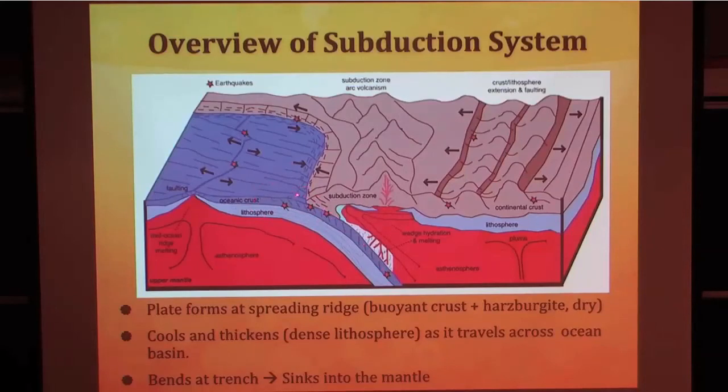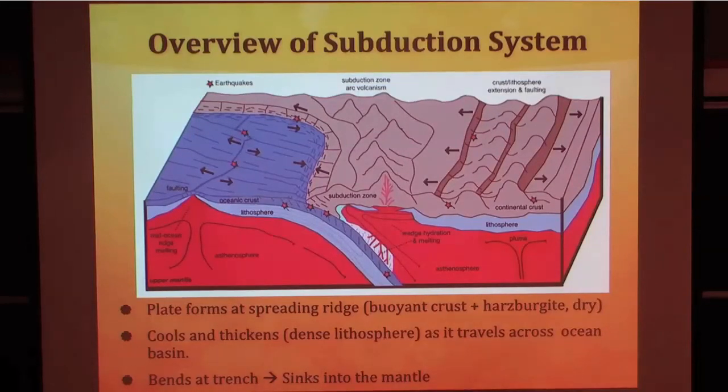At the trench, there's usually a little bulge that comes up, a flexural bulge of this plate that's called the outer rise. And at that point, you start to get significant faulting of the crust and possibly going into the mantle part of the lithosphere. That faulting is significant because it tends to draw water into the slab.